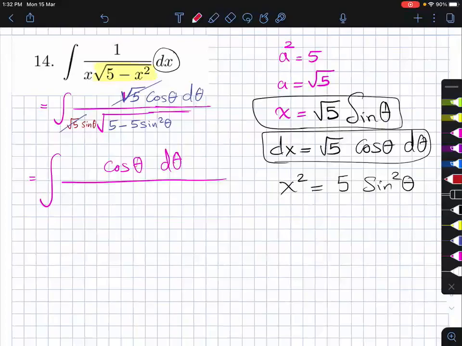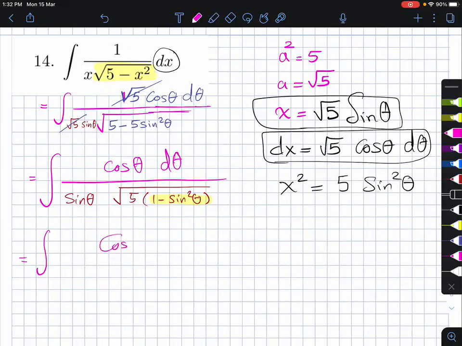Take the common factor, then substitute 1 minus sine squared. So we have sine theta and the square root. When we take 5 as common factor, we still have 1 minus sine squared theta. We know that 1 minus sine squared is cosine squared.